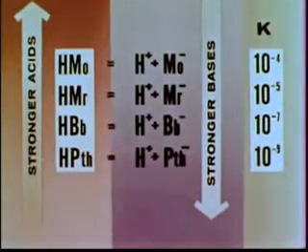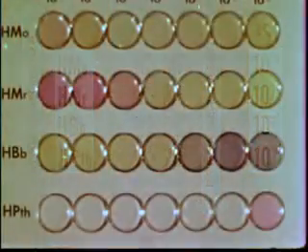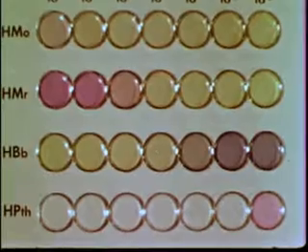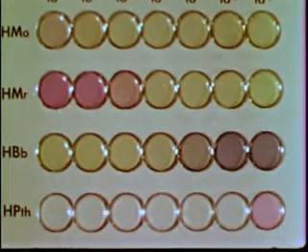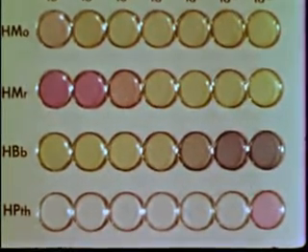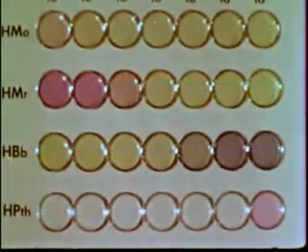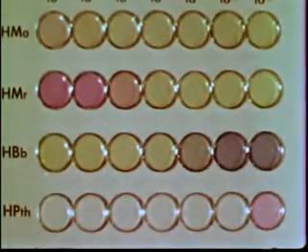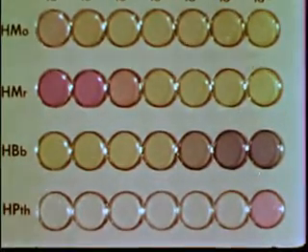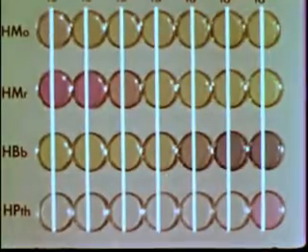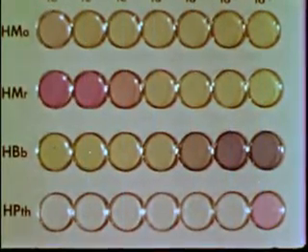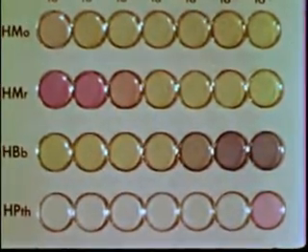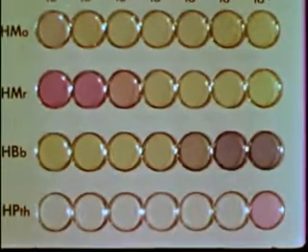Let's experiment further with the acid strengths of the indicators. Here we have all 4 indicators. Each horizontal row shows the color of one of our 4 indicators as the acidity varies from 10 to the minus 3rd molar to 10 to the minus 9th molar. Each vertical column contains solutions of identical concentration of aqueous hydrogen ion.